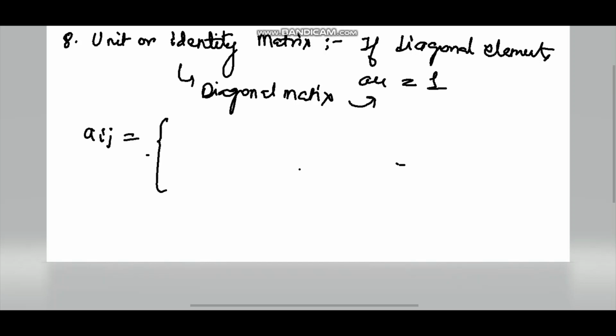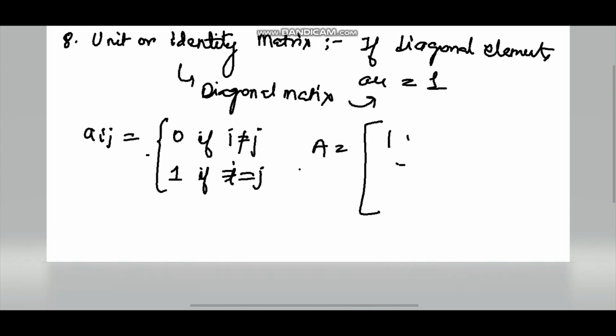Let us say this is the case of a diagonal matrix and its diagonal elements are equal to 1 if i is equal to j. Let us take one example: 1 0 0, 0 1 0, 0 0 1.